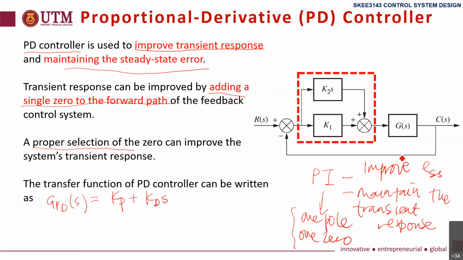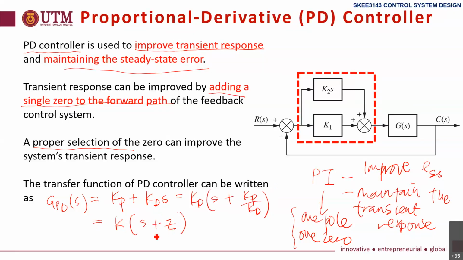For PD, we multiply gain with S. Remember yesterday for PI, we divide by S. And this can be also written as, if I take out KD, S plus KP over KD. Can be also written as K (S plus Z). Z is the 0 that we will add into the system in order to achieve desired response.